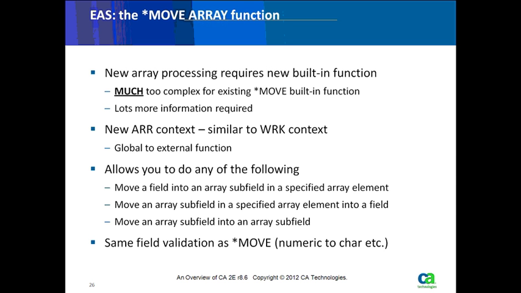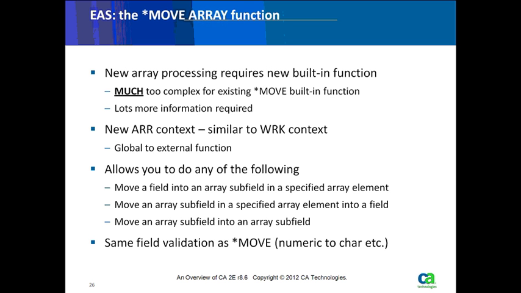You can move, let's say, the product code field in the third element of this array into the local product code, and then you can deal with that field in that context much as you would with any other field. Or you can move one field from one array into another array. Obviously, all the same field validations apply, all the different conversions from numeric to character, things like that.